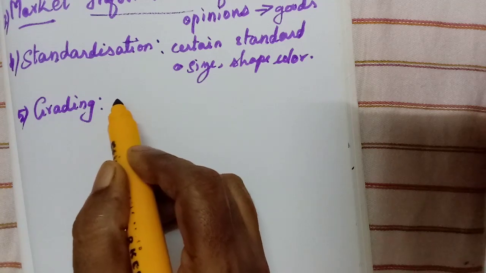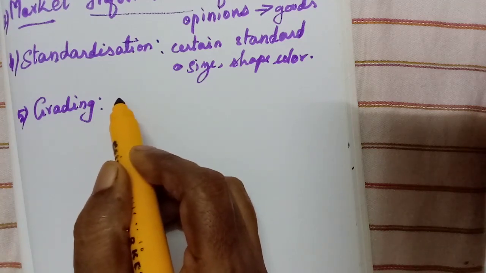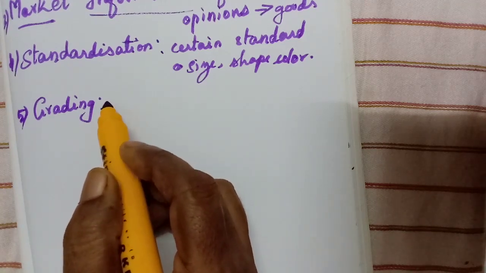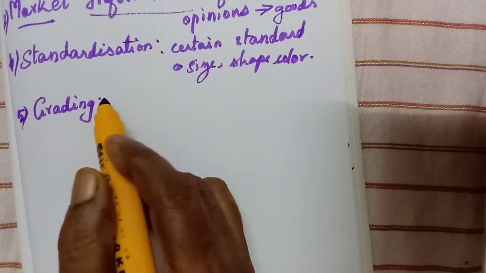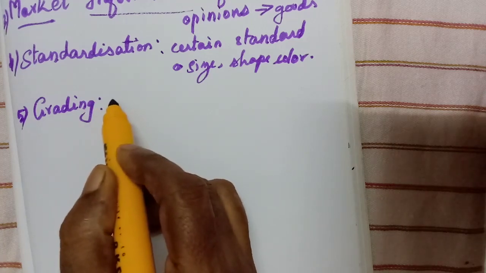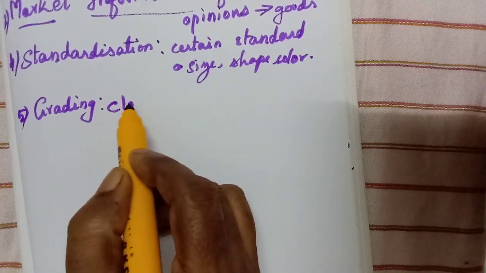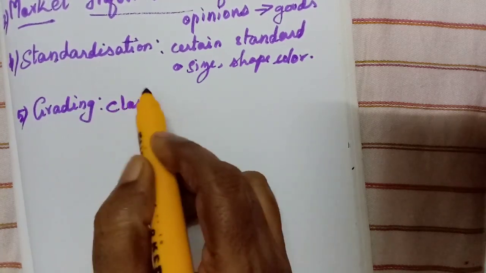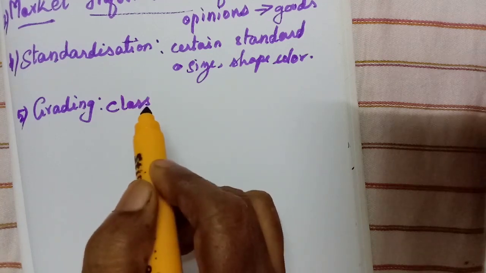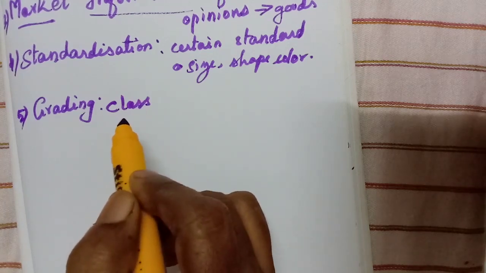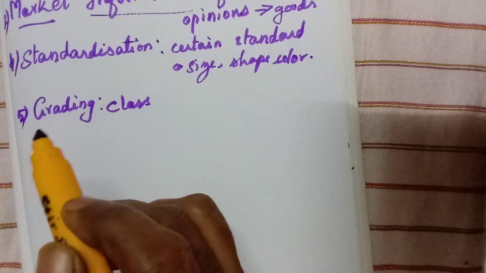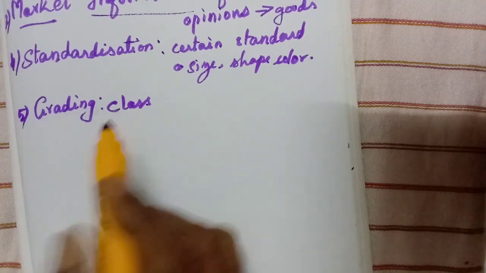Then they have to grade them, classify them as per their top level class. They will have some well defined classes. As per that class they will classify these standardized products. That is called grading. Okay, grading the product.